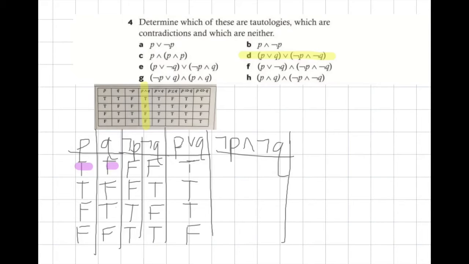So the AND column with P and Q, and instead of P and Q, we're saying that this one is not P and this one is not Q. Okay, so we're looking at these two first, not P and not Q. So false, false will be false.